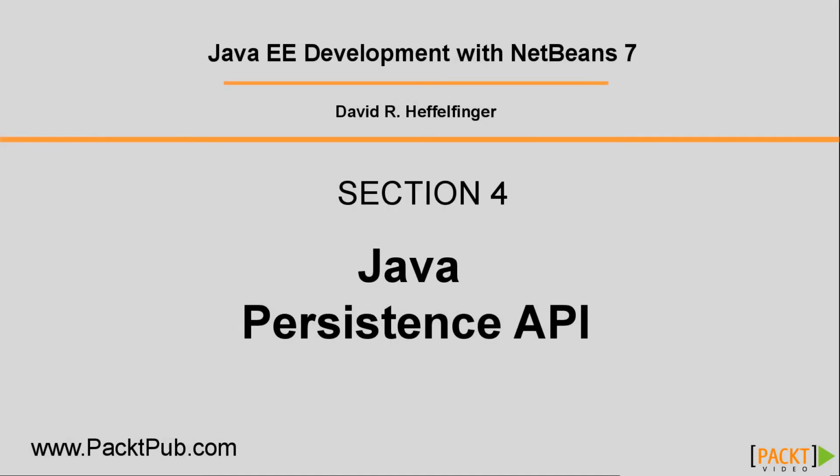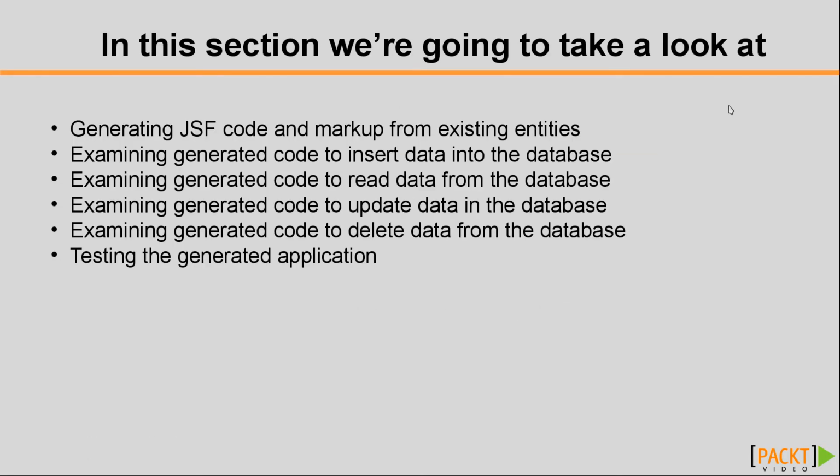Welcome back. In this section, we are going to continue talking about the Java Persistence API, or JPA. Specifically, we're going to talk about generating JSF code from JPA entities. NetBeans provides that functionality, and it's very useful, allowing us to create applications very fast.